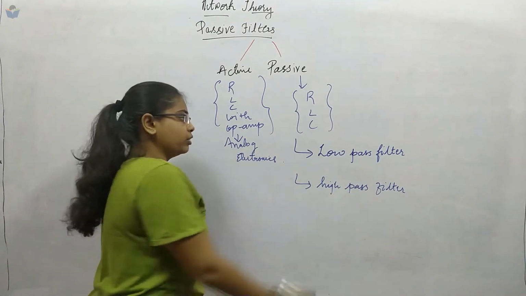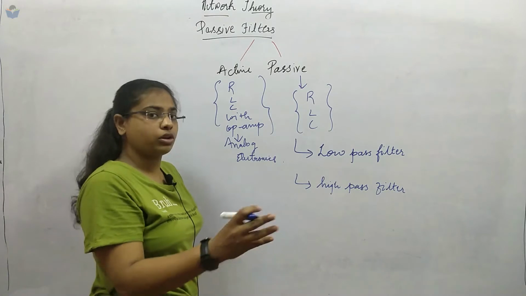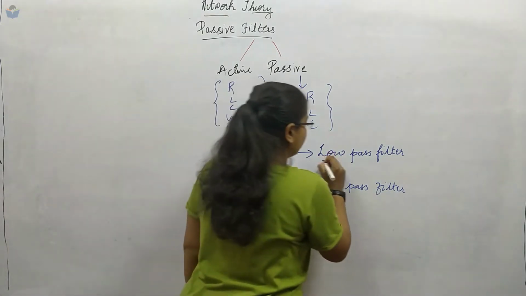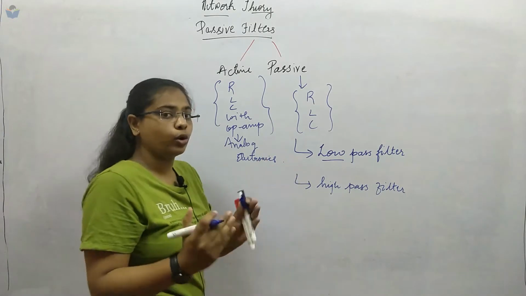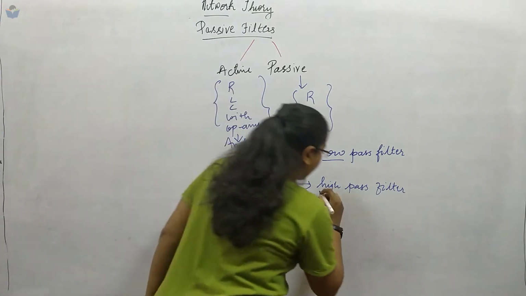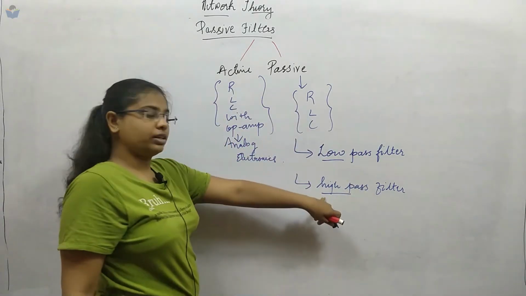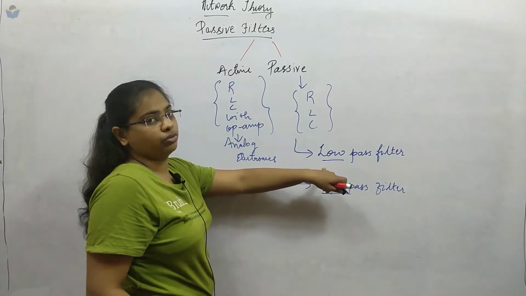In the low pass filter, how do we identify whether the circuit is low pass or high pass? What does low pass mean? It will allow the lower range of frequencies compared to the higher range of frequencies. A high pass filter will allow a higher range of frequencies than low frequencies.